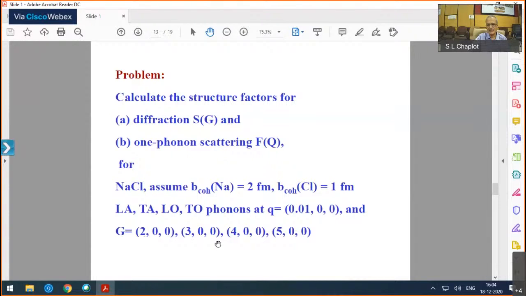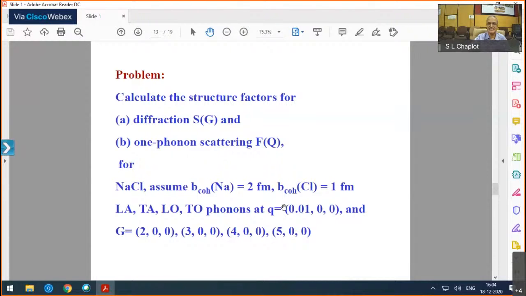If I want to calculate the structure factors for these G values, let's try to work on it. Okay, so we're going to do that.